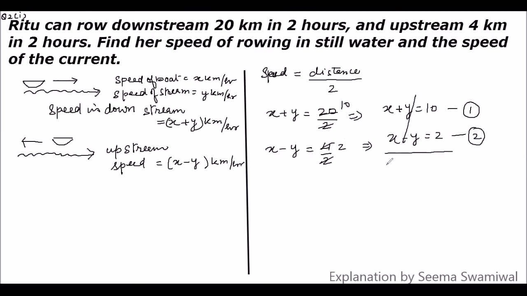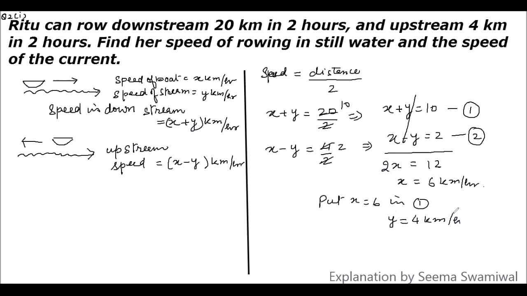Now this is 2x is equal to 12, which implies x is equal to 6 kilometers per hour. Putting the value of x in the second equation or in the first equation, you will get that y is equal to 4 kilometers per hour.